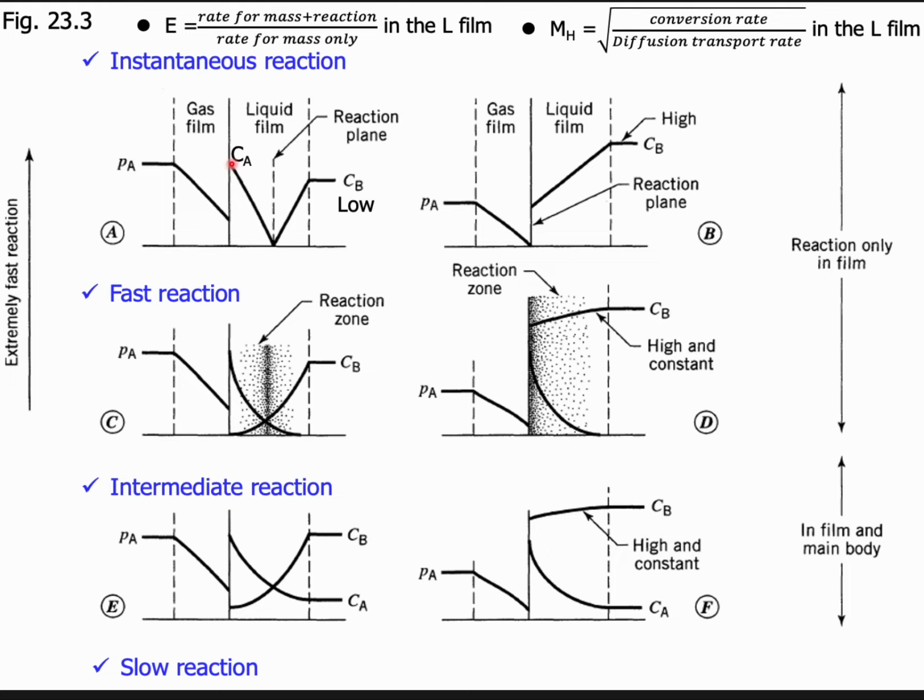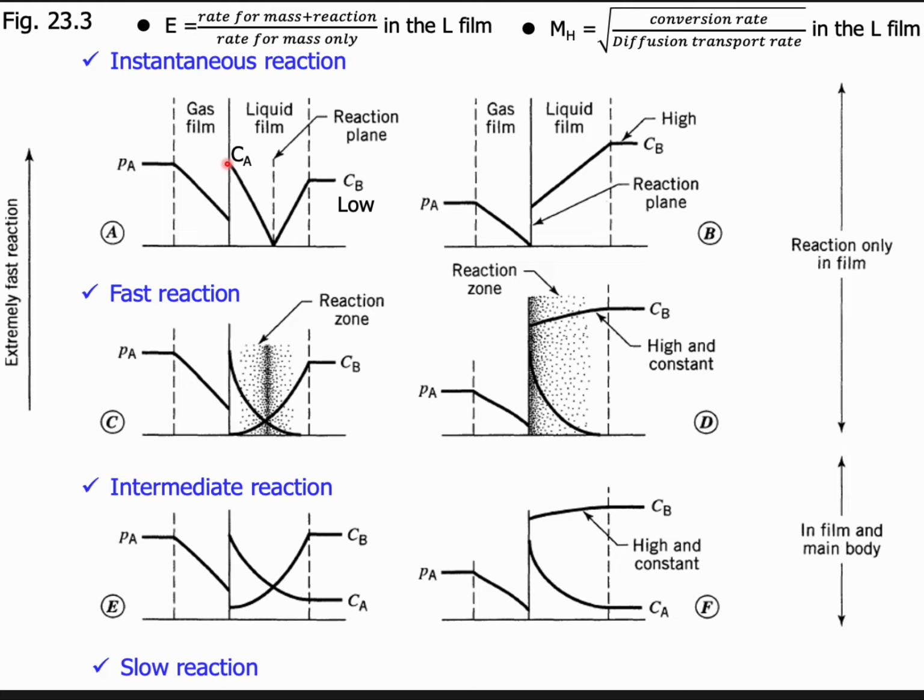So based on this, if you try to draw these figures, you will probably say gas A will remain constant in the gas phase, and when it passes through the gas film, the concentration or partial pressure will decrease. When A enters the liquid film, its concentration Ca is related to the solubility of reactant A in the liquid phase, right?